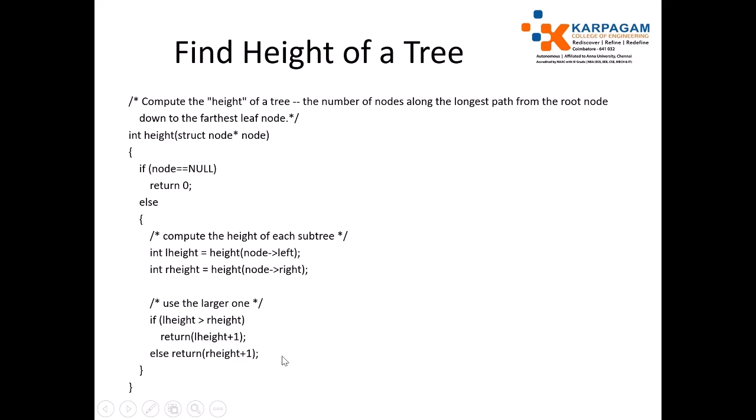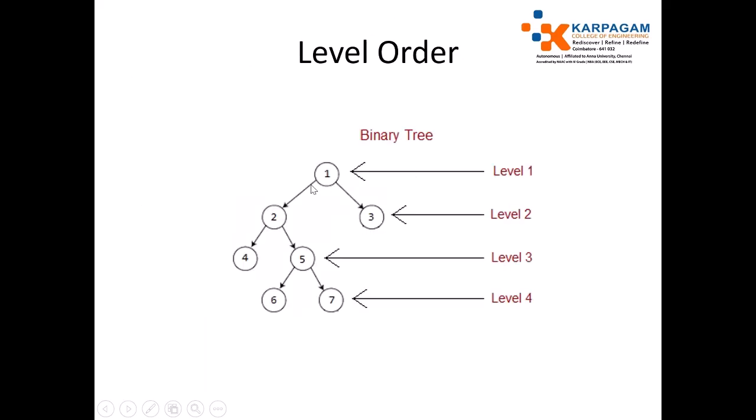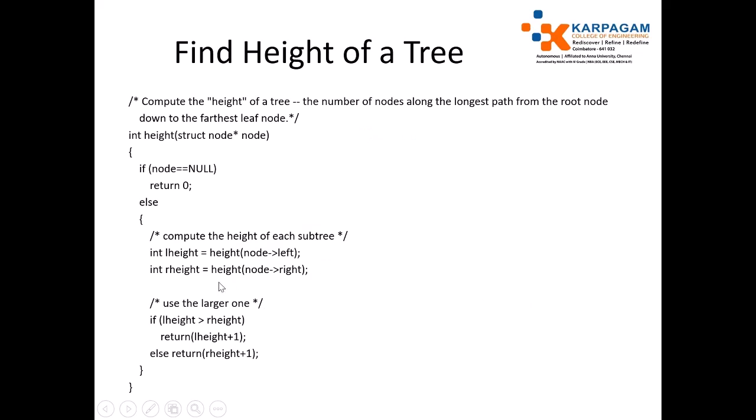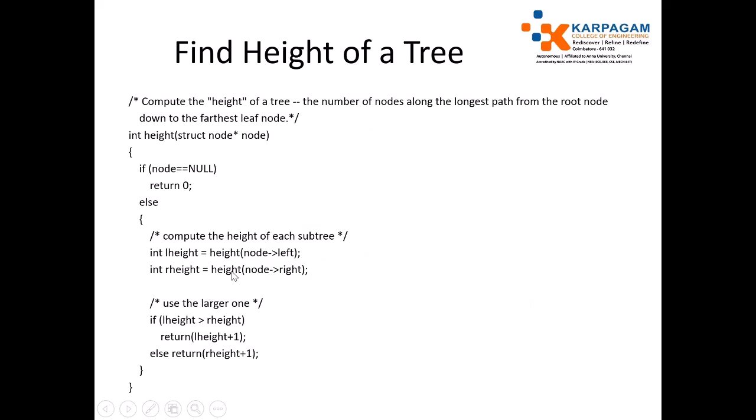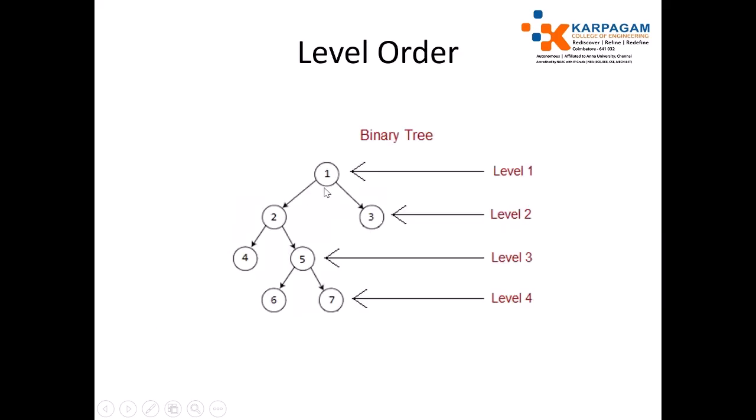For this example, here I am passing the address of the left node and the address of the right node to the same height function. Recursively it processes the left subtree, and the second height function call processes the right subtree.